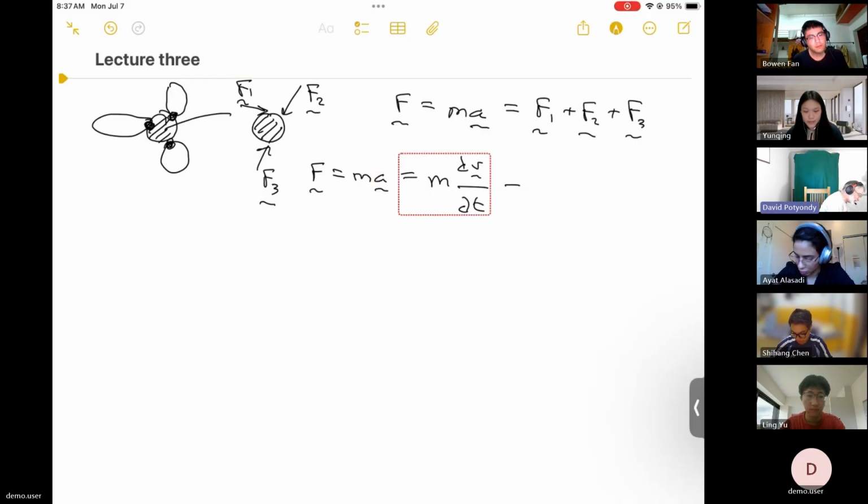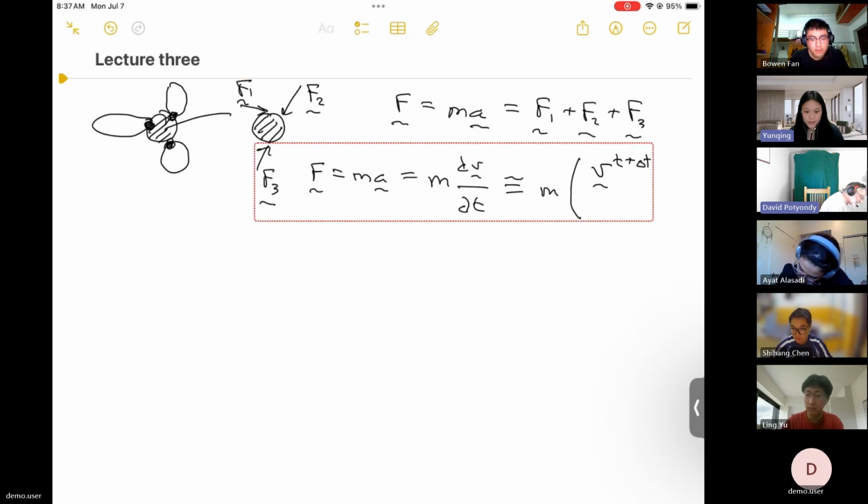We can approximate that as a finite difference: mass times the velocity, now we introduce a delta t for time, the new velocity minus the old velocity over delta t.